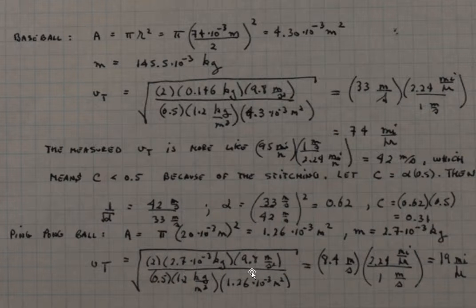If you plug the numbers in there, there's no reason to use anything but 0.5 on a ping pong ball that has a smooth outer surface, no stitching or seams or anything. There is a seam on a ping pong ball, but if you run your hand over it, you can't feel anything. And so this comes out to be 8.4 meters per second, converted to miles per hour it's 19 miles an hour.